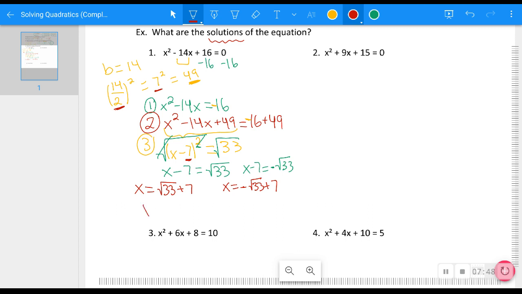So square root of 33 plus 7 is going to equal 12.7. And negative square root of 33 plus 7 is going to equal 1.3. So those are our two solutions. So moving on to the next one.